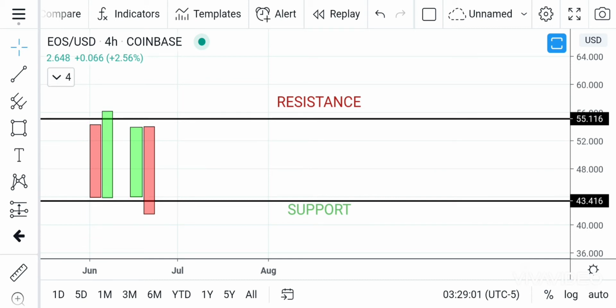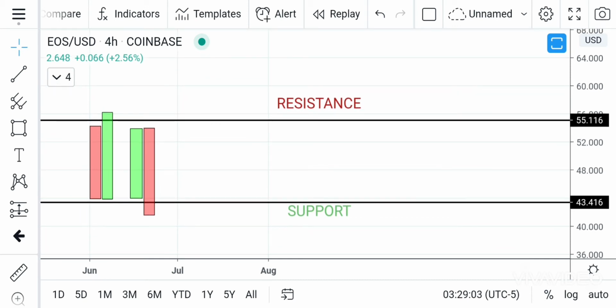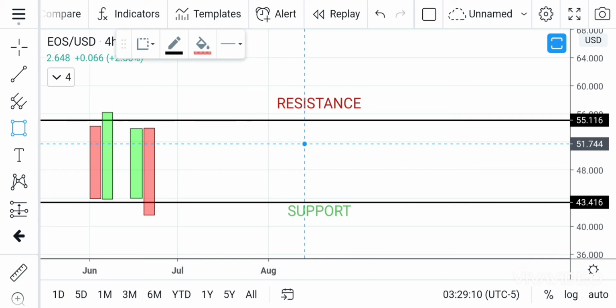The next pattern I'm going to talk about is the piercing pattern. The piercing pattern is a bullish reversal pattern. It's a weaker form of a bullish reversal pattern.